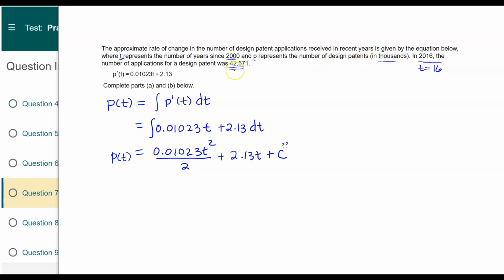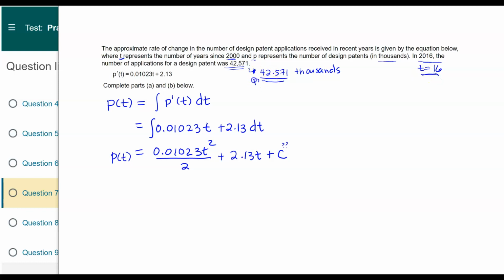So if this is 42,571, then in thousands that means 42.571. So again, these two are equivalent. This is what we're going to use for P, and 16 for T.